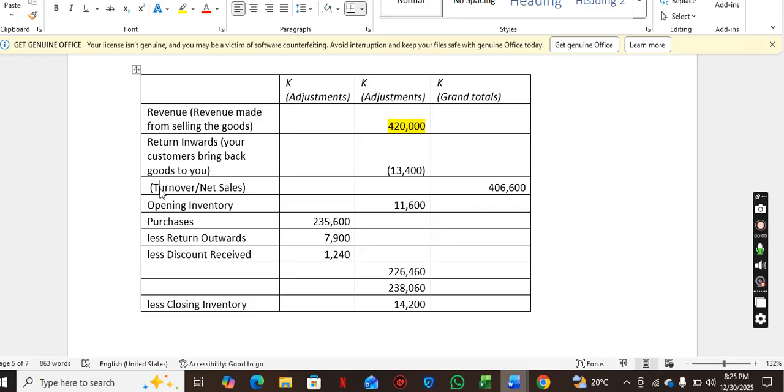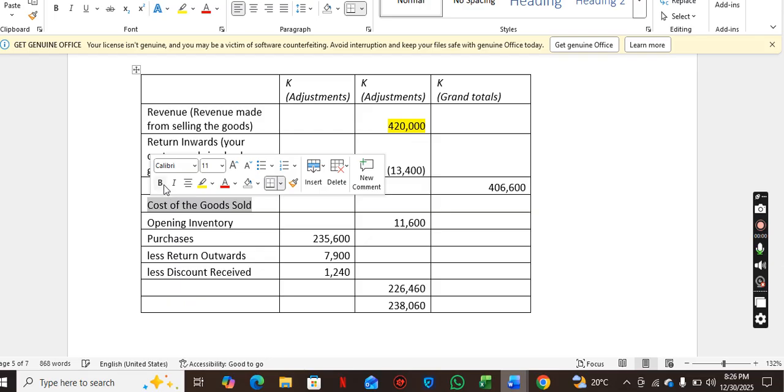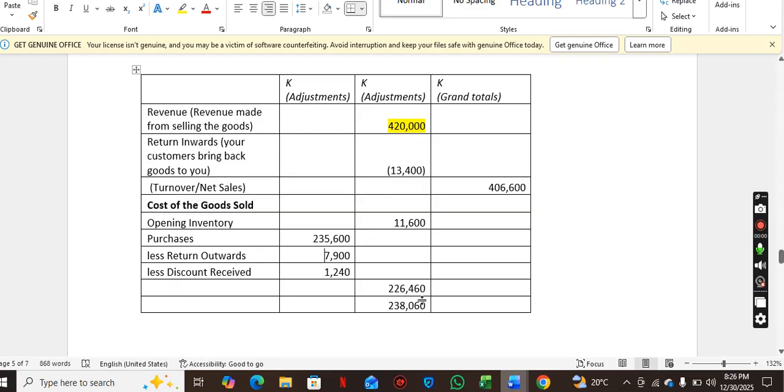The next section of the trading account is where we have to tabulate the cost of the goods sold. Colleagues, remember this: you cannot make a profit from goods that you have not sold.